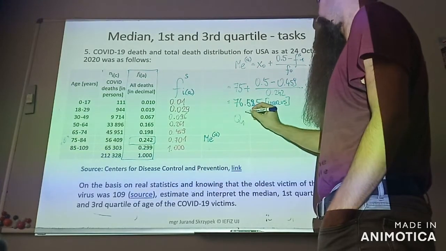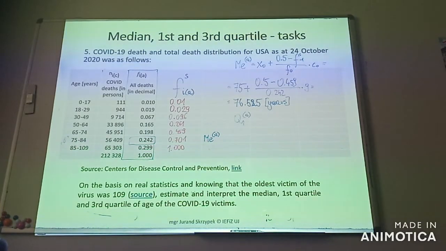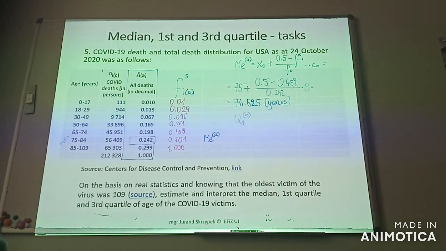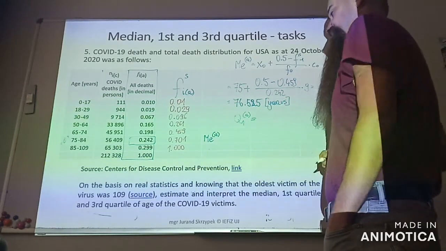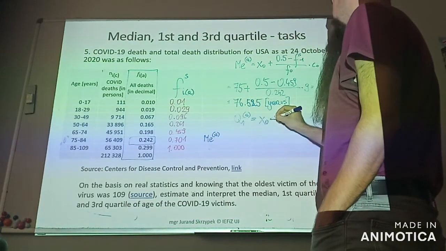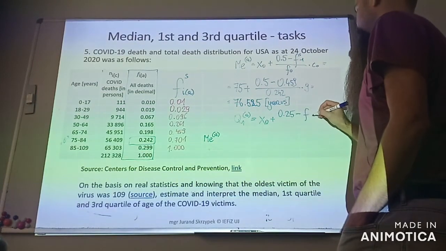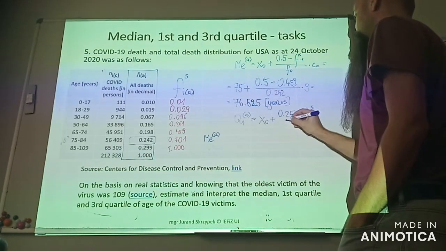We can also compute the first quartile of the age of death due to a variety of reasons. But first we should determine the class of the first quartile. The class of the first quartile is that class in which we exceed 25% for the first time.